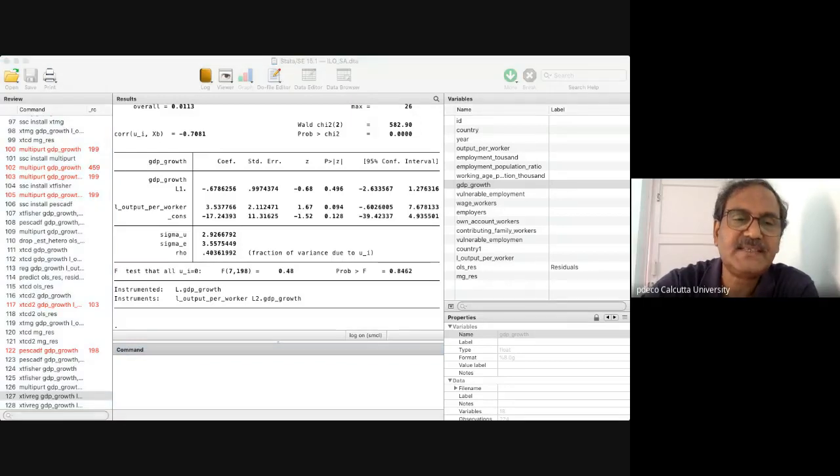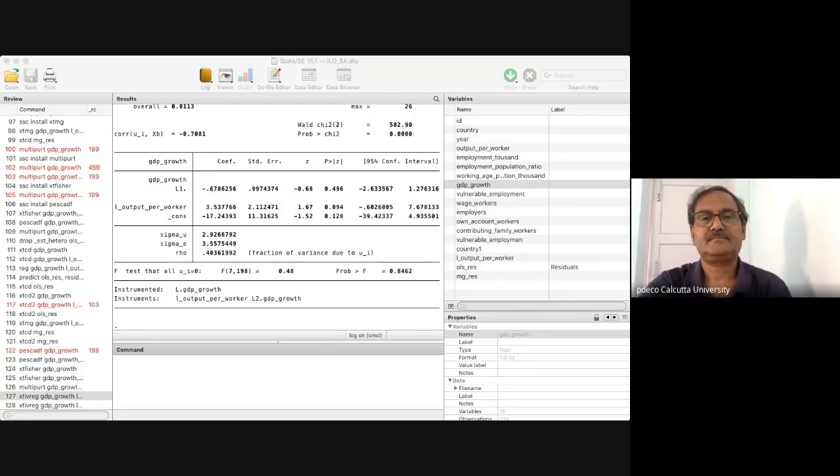If you want to estimate the same model by using Arellano-Bond two-step GMM, you have to write the command in this way.